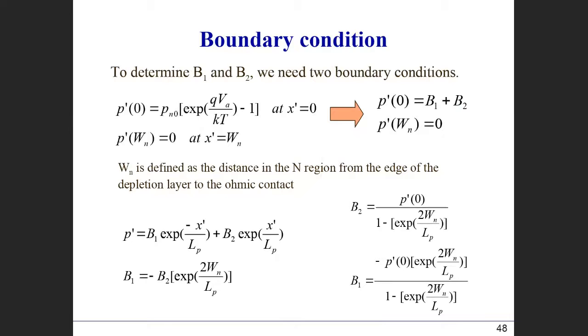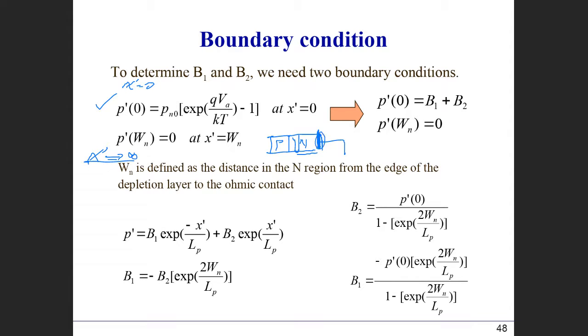If we apply these two boundary conditions, the first one is x prime equals 0. The second one is x prime goes to infinity, or in our case, let's say you have the PN diode and this is a depletion edge. At the edge of this N side, you make the electrical contact, the metal contact to the outside.